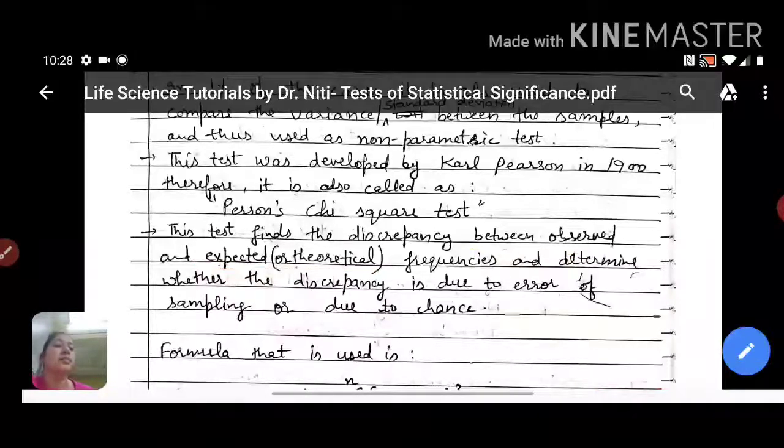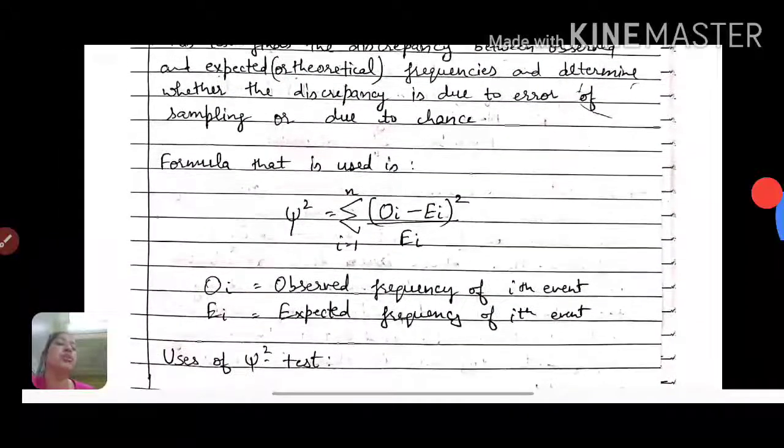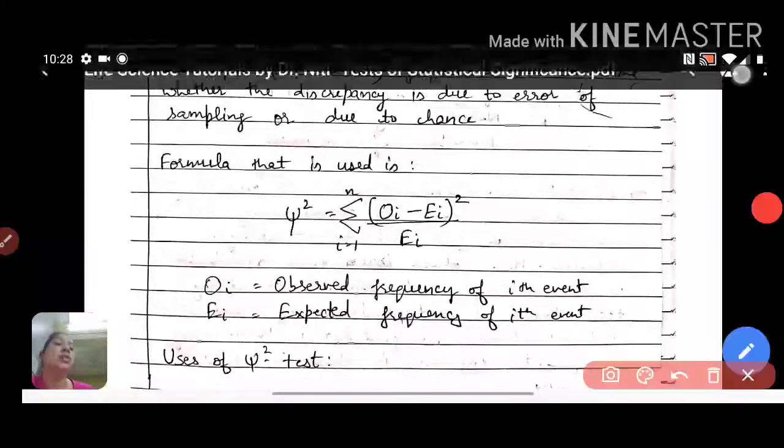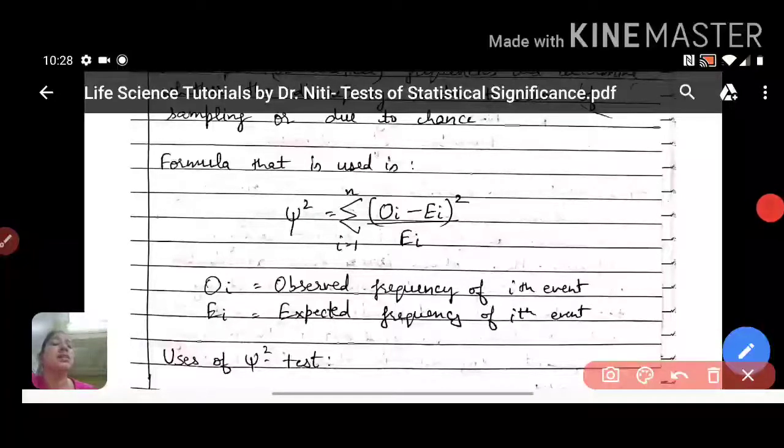Now the formula that is used to determine the value of chi-square, which may also be called the calculated chi-square value, can be determined by using this formula. In that formula, O is the observed frequency and E is the expected frequency, and you have to take Oi minus Ei, where i means the individual observed frequency.